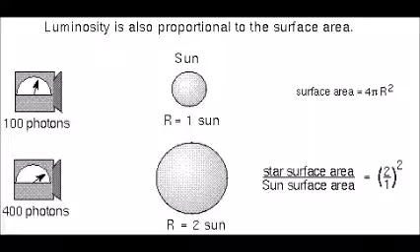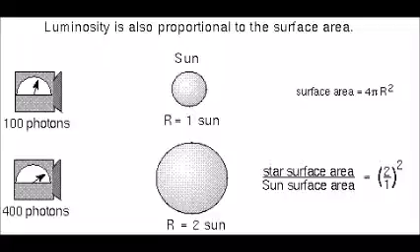Here we have to pay attention to the details, because the star can be large or small, and this will affect the luminosity. Well, again, the physics provides us a very precise law, which goes as the square of the radius.